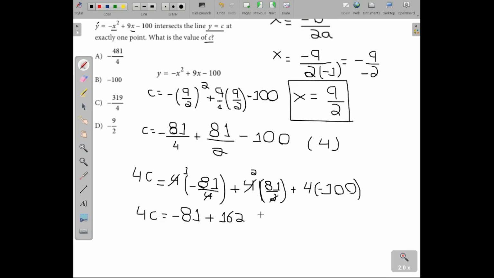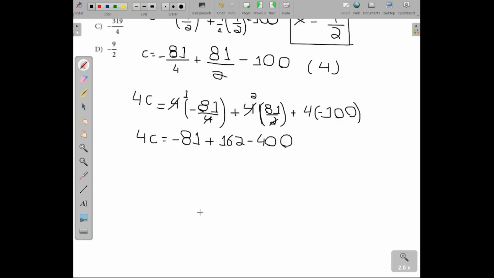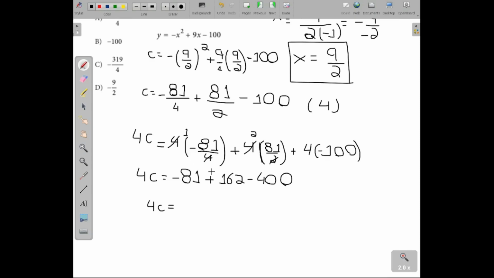Here it's going to be negative, so negative 4 times 100 is equal to 400. We'll get this equation: 4c is equal to negative 81 plus 162 minus 400, which is equal to negative 319.